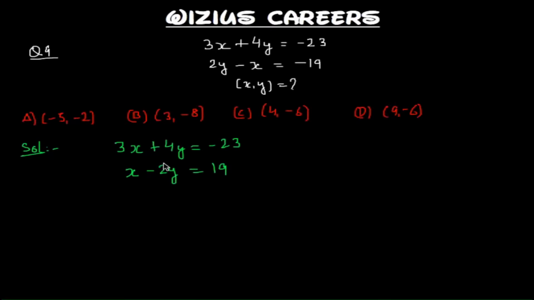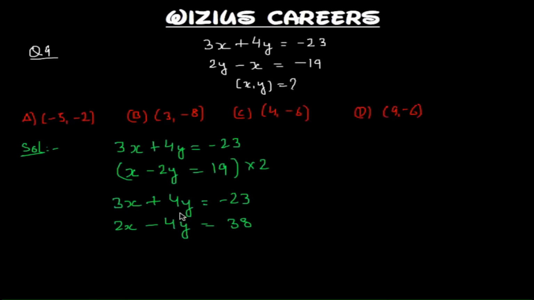Now what we can see is that we have a 4y here and a 2y here. To solve simultaneous equations, we convert one of the variable coefficients to be similar to the other. So we multiply this equation by 2. Now the two equations change to 3x plus 4y equals negative 23, and the second equation becomes 2x minus 4y equals 38.